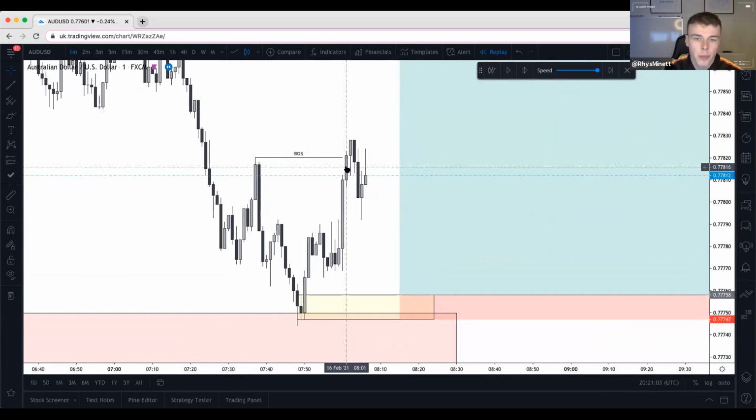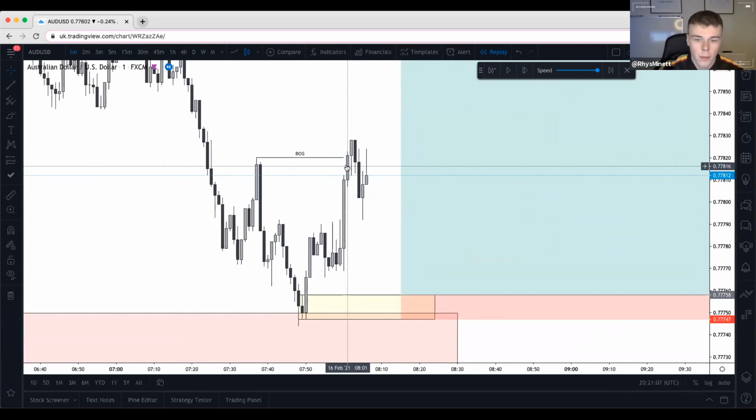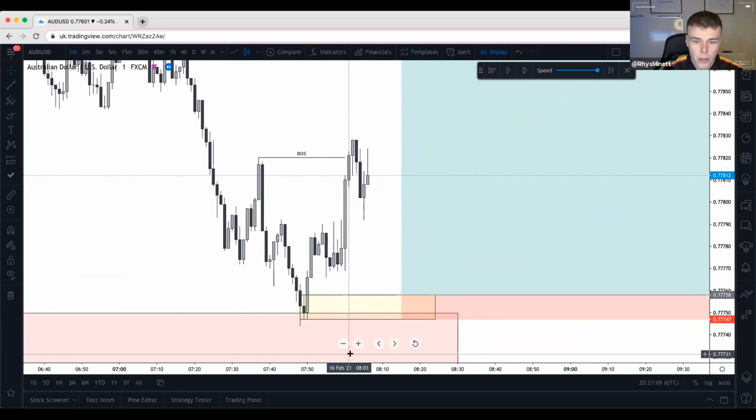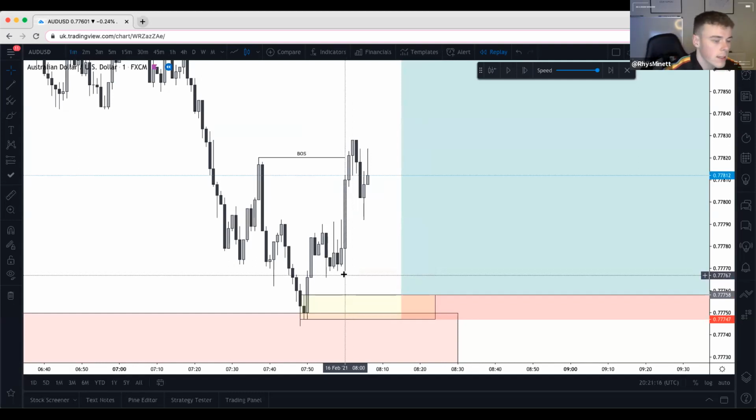Look at the time it breaks the structure. If you can see the time at the bottom here, can anyone tell me what time that is? That's London Open, the London session opening. So when you correlate time and price together, it's a very strong confirmation. You can go and back test this.